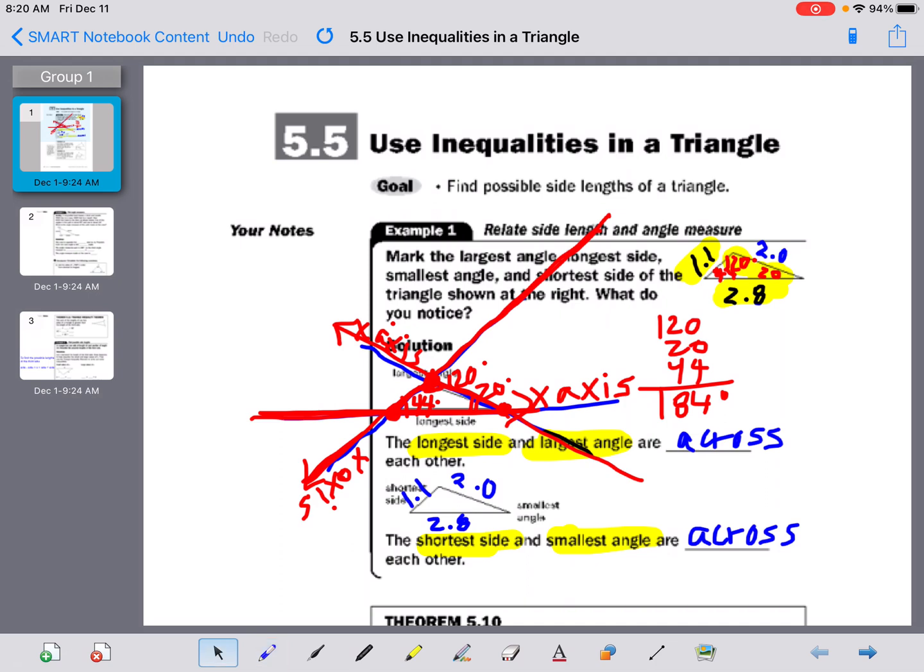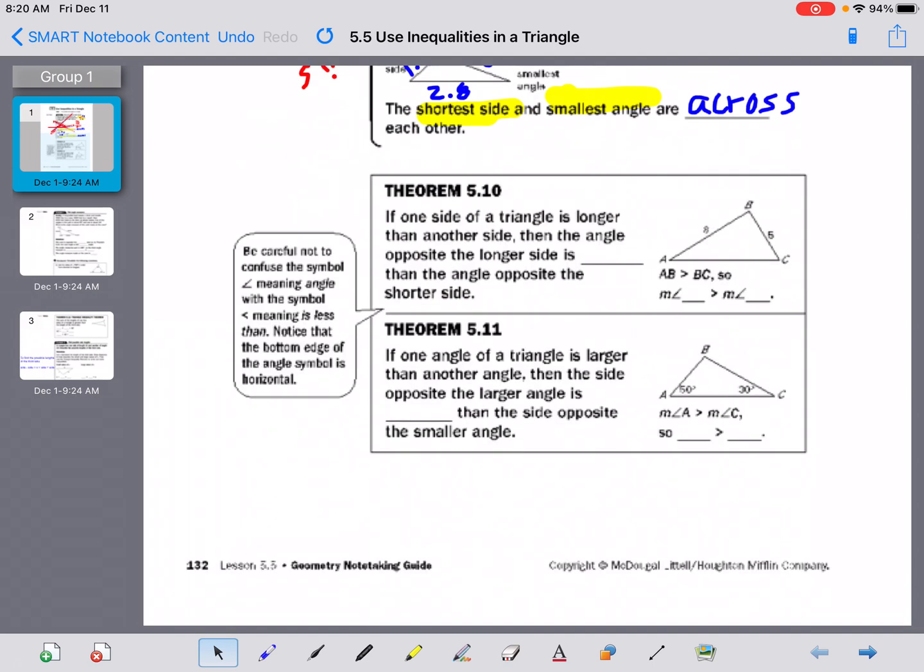And that takes us right into our two theorems here, which say if one side of a triangle is longer than another side, then the angle opposite the longer side is going to be larger than the angle opposite the shorter side. So we can see our sides over here. We have a side of 5, we have a side of 8, okay?